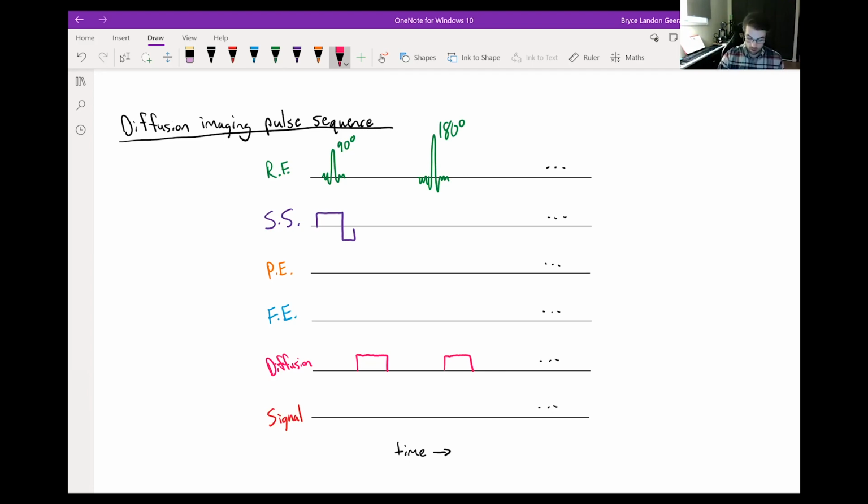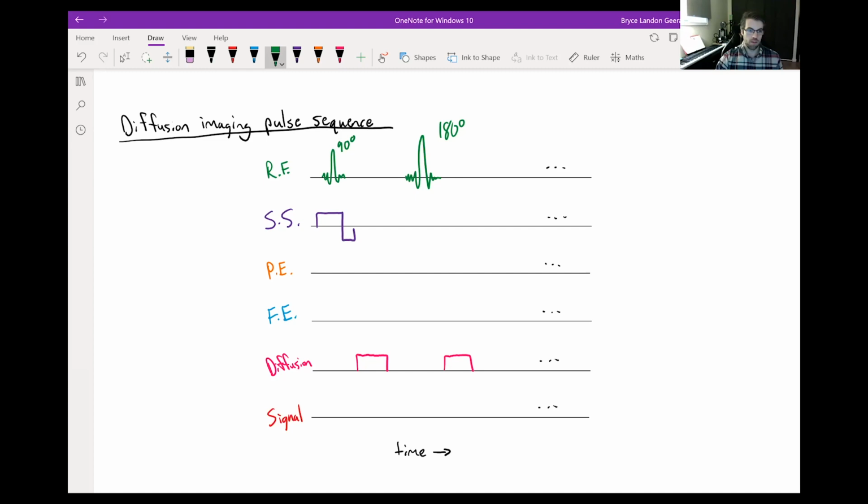I need more space to the right. So I'm just going to redraw this 180-degree pulse a little bit more balanced. All right, I'm going to try one more time and then stop being a perfectionist. Close enough. So that 180-degree pulse is supposed to be in the middle of those two diffusion gradients.